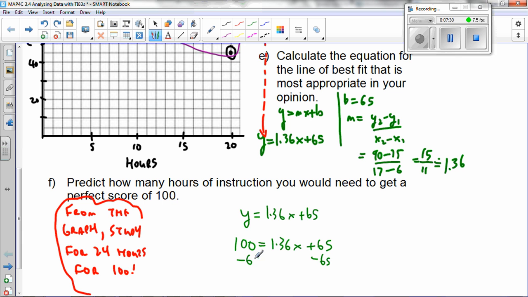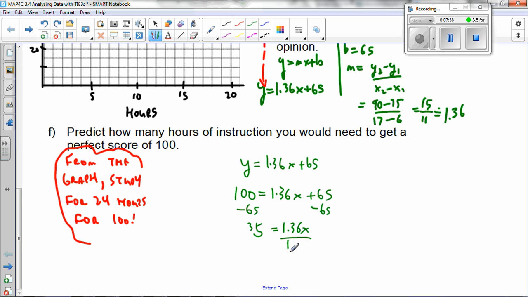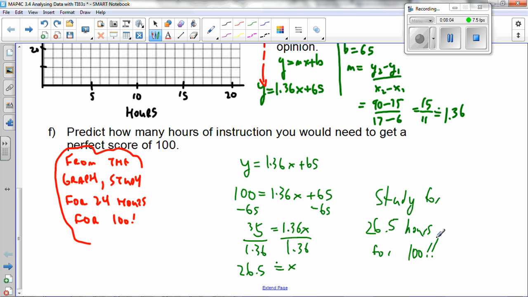Subtract 65 from both sides, 35 equals 1.36x, divide both sides by 1.36, and then I get about 26.5 hours, rounded, for a mark of 100.